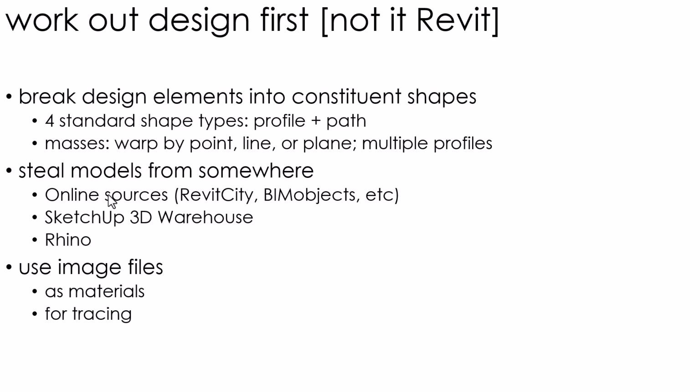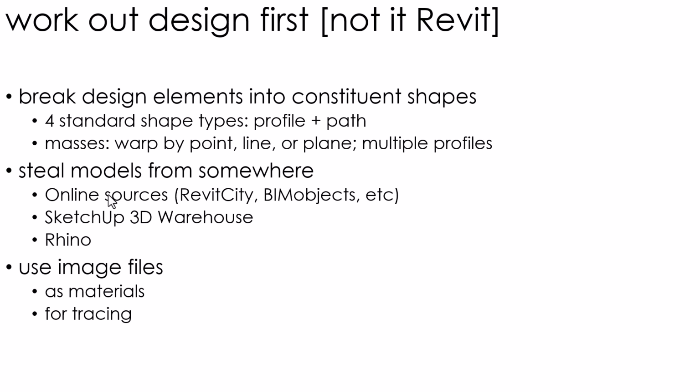Finally, don't forget you can use image files, and sometimes image files are great for things like mesh materials. You're not going to model something like a mesh, but you can draw a mesh and use it as a material with a cutout, and that works great. And of course, you can also import an image into Revit and trace it, although that doesn't always work great.